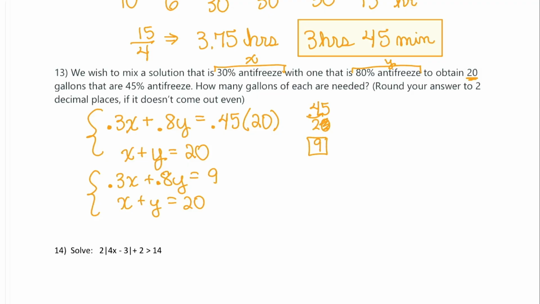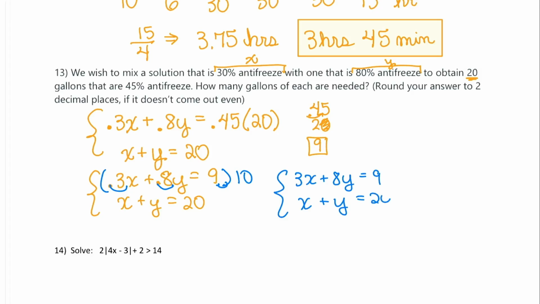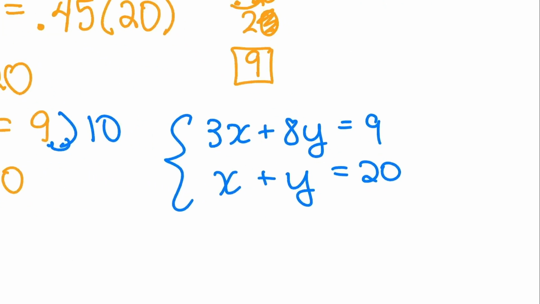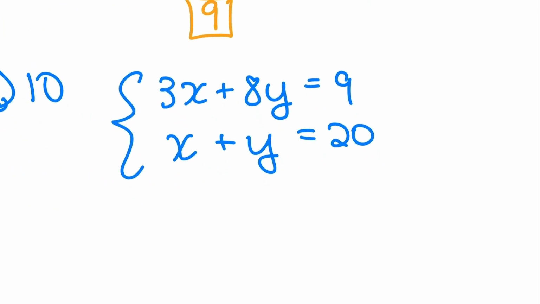To get rid of these decimals, we can just multiply this top equation by 10 to make our life a little bit easier. So we're going to rewrite this one more time. 3x plus 8y equals 9, and we have x plus y equals 20. I like to solve these using elimination, and the way that we do that is we have to figure out what we could multiply one or both equations by to allow a variable to cancel when we add it straight down.